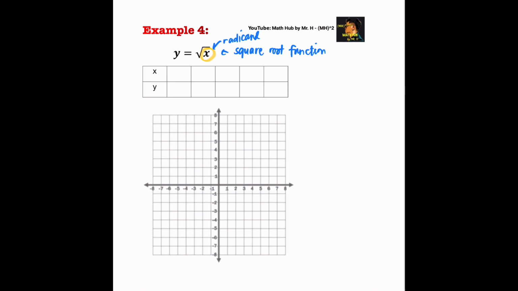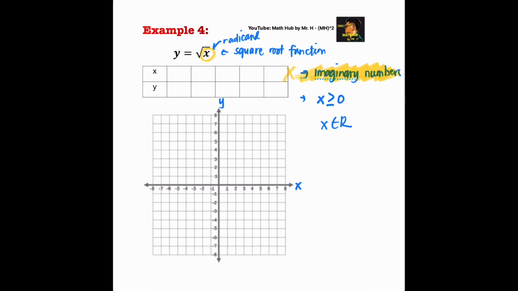The radicand for a square root function cannot be negative. The reason is that if the radicand is negative, definitely the answer will be an imaginary number. The values of x will be greater than or equal to 0, so we cannot select a value of x that's negative.